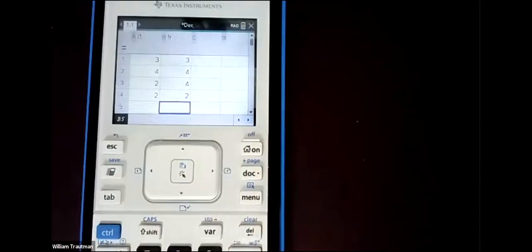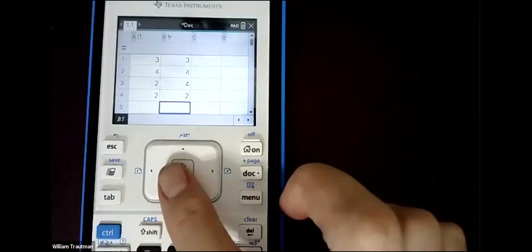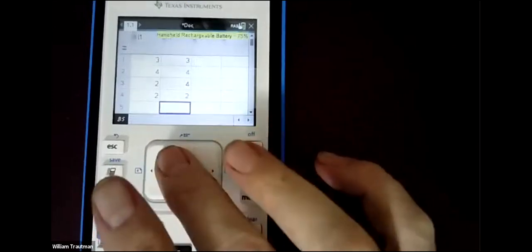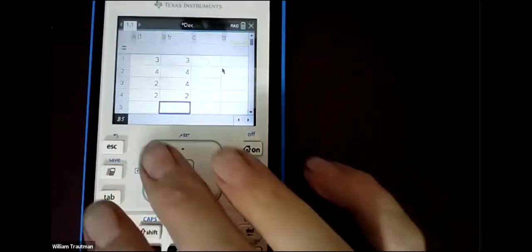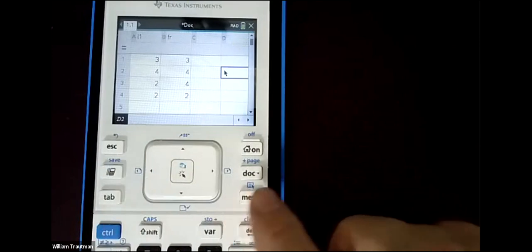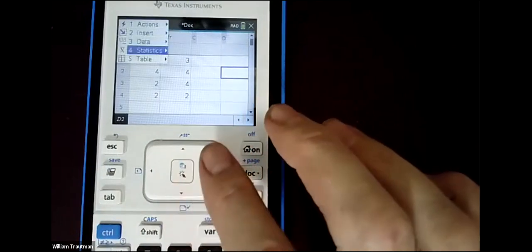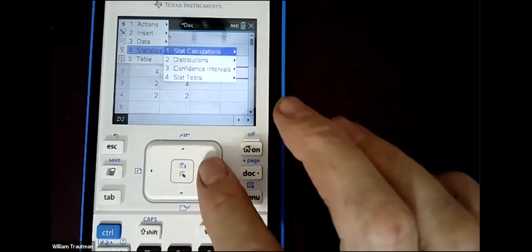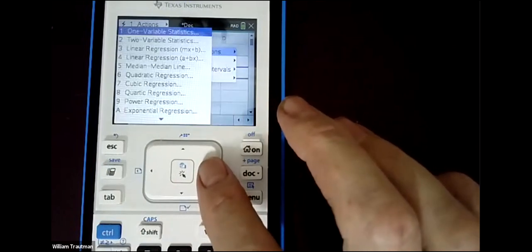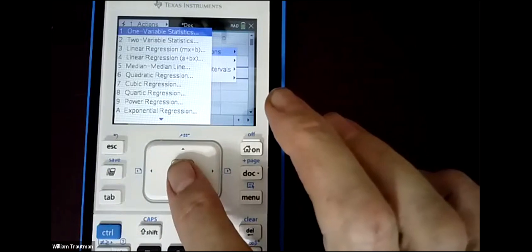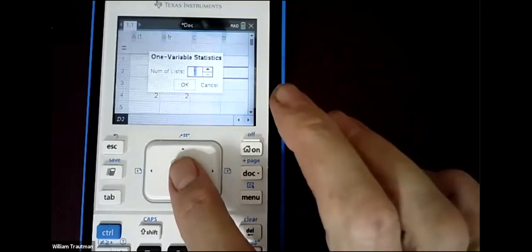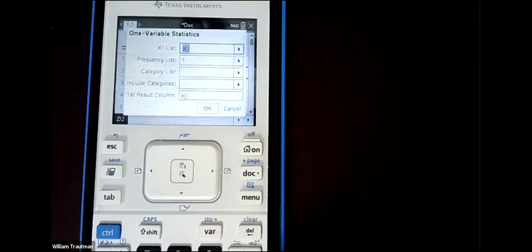Then I'm going to go off to the right and click somewhere off to the right. Doesn't matter where you click. Hit menu, number 4, statistics. Number 1, stat calculate. Number 1 var stats. Hit enter. Even though we have 2 lists, we're only selecting 1.